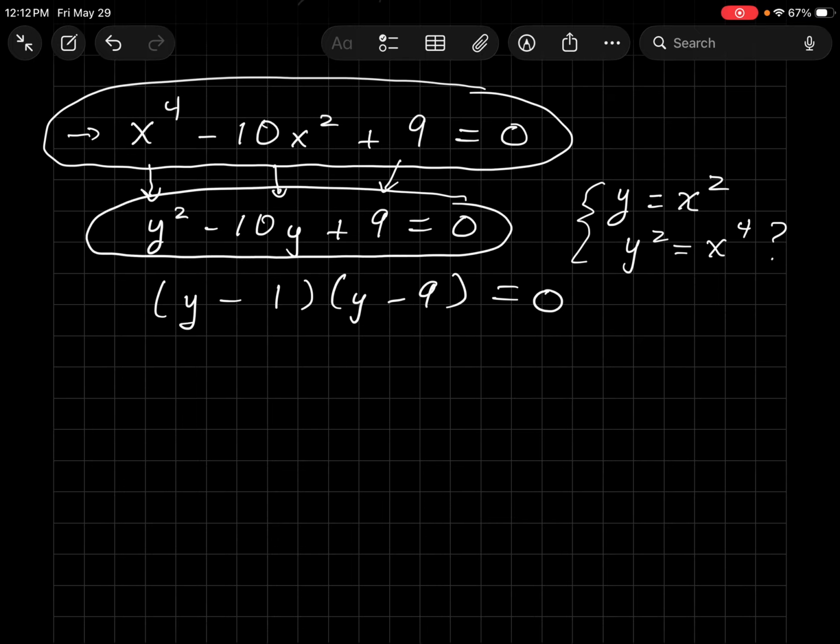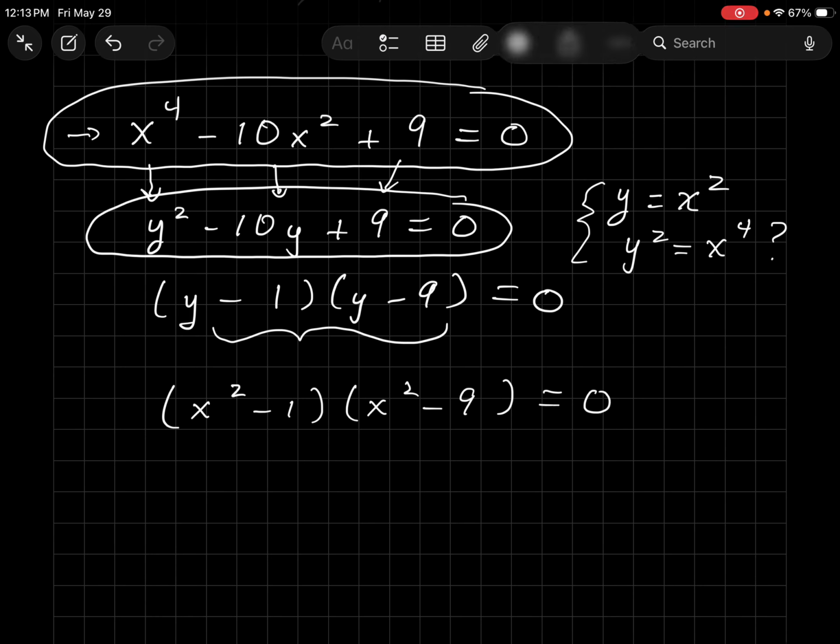Meaning, instead of writing the original like this, we could write it like this. Where y is x squared, we say x squared minus 1 times x squared minus 9 equals 0. Now, can we factor these terms? The answer is yes, we can continue to factor.